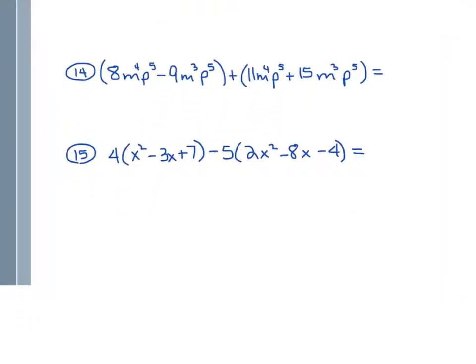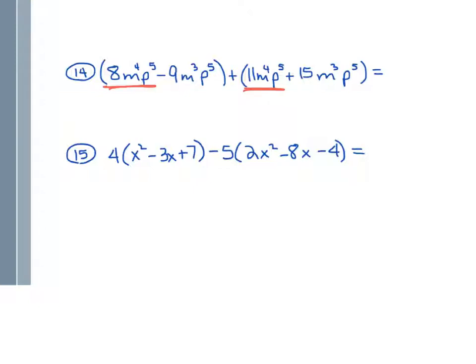Okay, so again, it's already set up. It's an addition problem. I'm just looking for like terms. So notice I have an 8MP, and notice the exponents are the same. So these are like terms. So I'm just adding the coefficients.